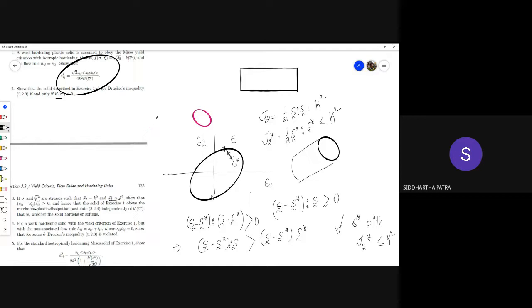Now I got confused. So S minus S star inner product S minus S star is S inner product S minus twice S inner product S star plus S star inner product S star.